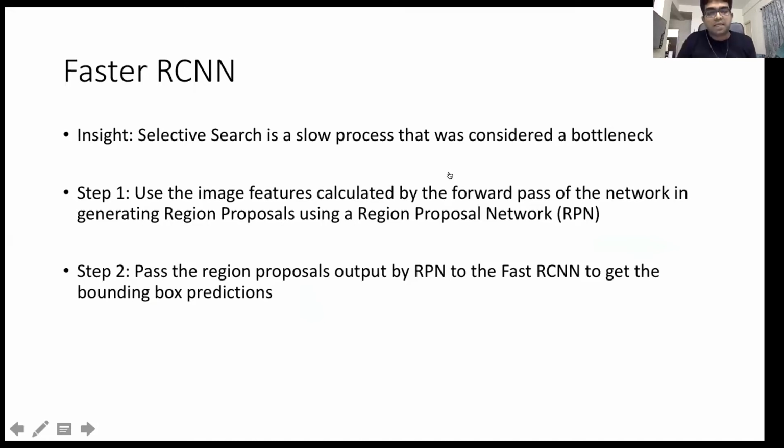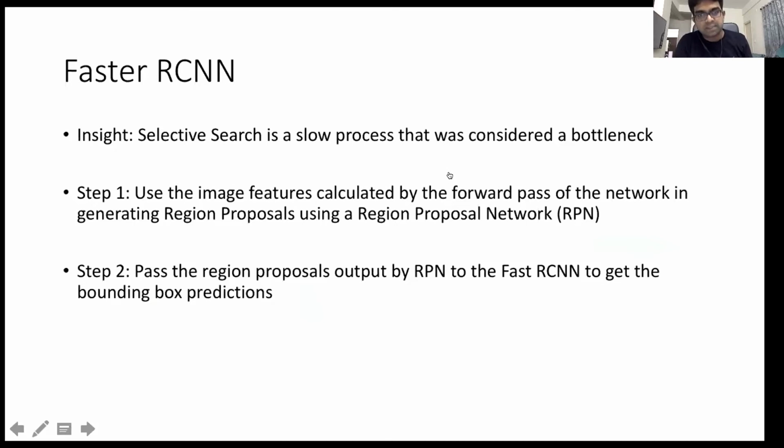So then they came up with this approach, Faster RCNN, and what they implemented here is a region proposal network. A region proposal network simply replaces the selective search algorithm using a convolutional neural network, and the rest of the process is very similar to Fast RCNN.